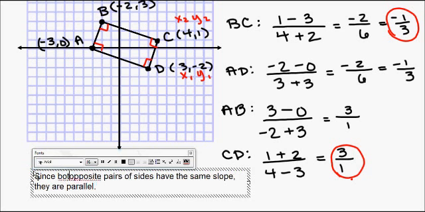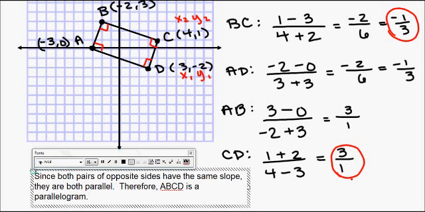So since both pairs of opposite sides have the same slope, they are both parallel. Therefore, ABCD is a parallelogram. Not doing such a great job typing today. Okay.